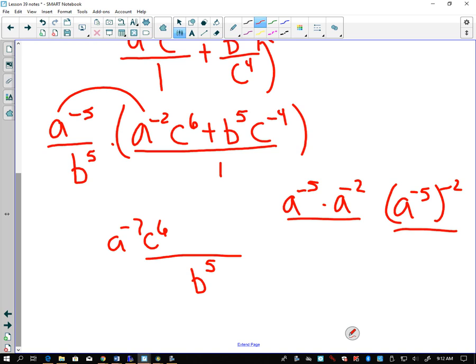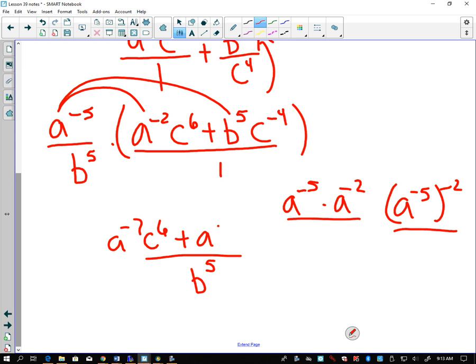Okay. Now plus, right? Now I have to distribute the a to the negative fifth to this section, correct? Are there any other a's over there, though? So am I doing anything with any exponents? All right, so tell me, what am I writing here then?